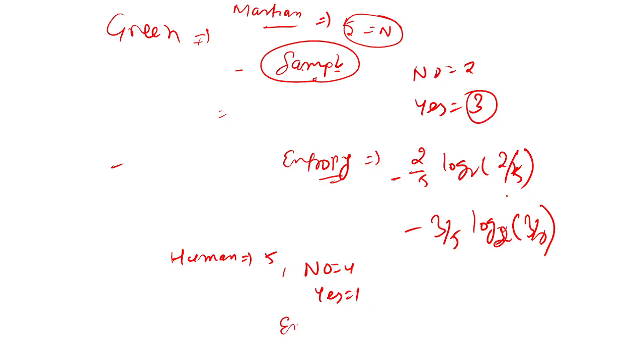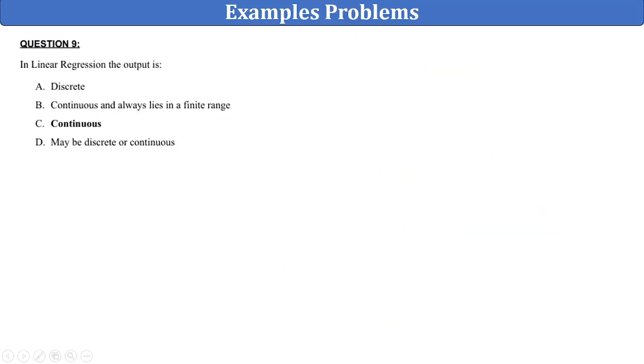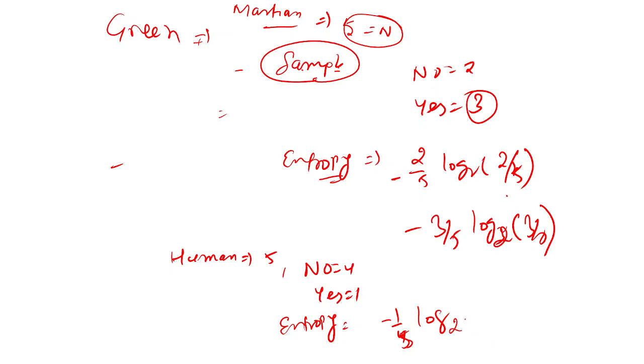So for this entropy, we'll have minus 1 by 5 log 2 of 1 by 5, minus 4 by 5 log 2 of 4 by 5. Is it correct or not? Will we be able to do it or not?